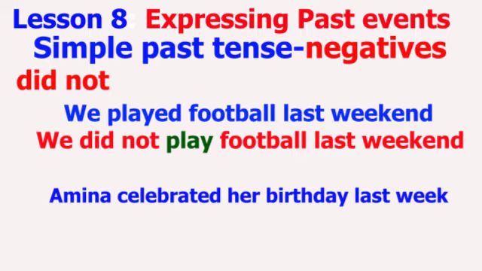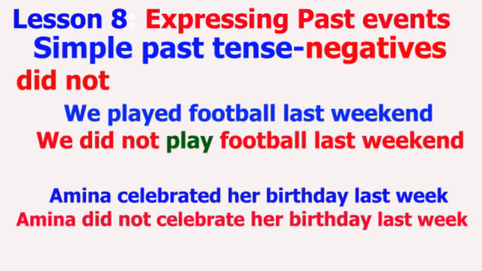To form that sentence negative, we are going to add did not, as we have said. So the sentence will be Amina did not celebrate her birthday last weekend. Remember that it is not allowed to say Amina did not celebrated. Okay, we are not adding ed over there.